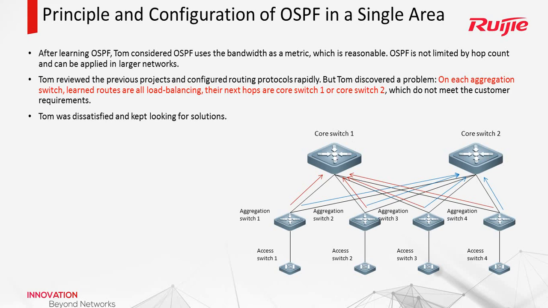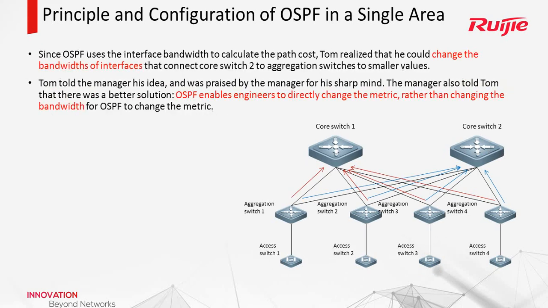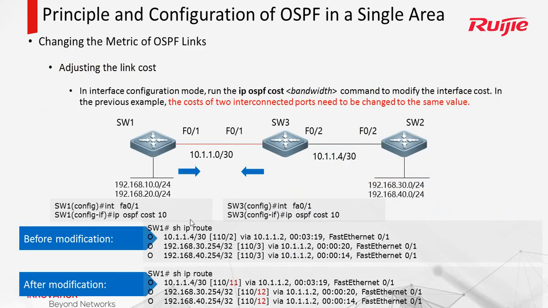Yeah, I know. You remember we said OSPF uses bandwidth to calculate the metric. So maybe you can change the bandwidth. Yeah, but OSPF provides a better solution. It can let you change just the metric rather than changing the bandwidth. So let us see how to change it.